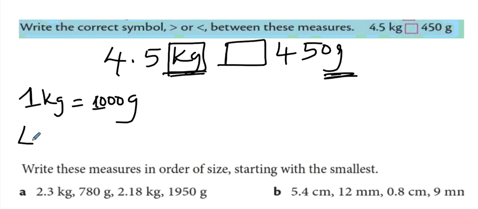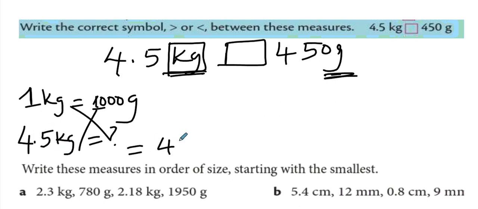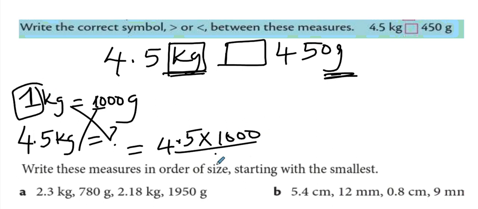How about 4.5 kilogram, what will it be equal to? Cross multiply. This will be 4.5 multiplied by 1,000 divided by 1. How do we multiply this? This is the same as 45000. Then count, we have one decimal place, so count one number from the right.